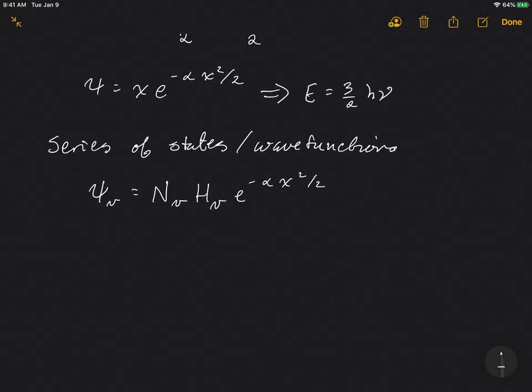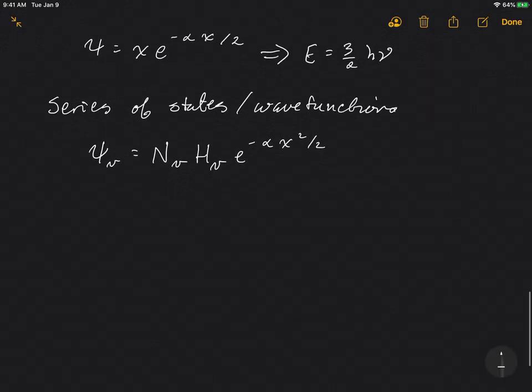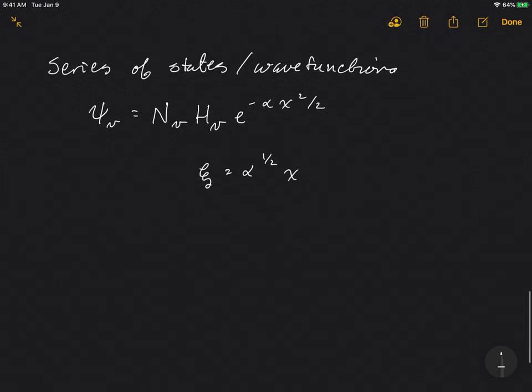And the Hermite polynomials are polynomials in x, but there's also an alpha that shows up in there as well, and so we define xi as a sort of dimensionless x, alpha to the 1/2 x, and the Hermite polynomials are given by this h of xi.